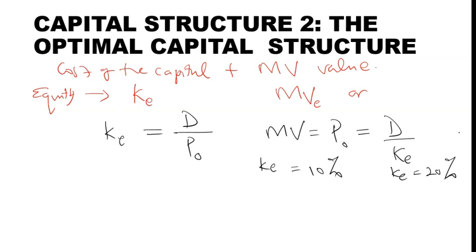And let us say the dividend that has been paid on a constant basis has been $2. So D has been $2. If KE is 10%, then PO is equal to $2 over 0.1. And this gives, let me look for my calculator.